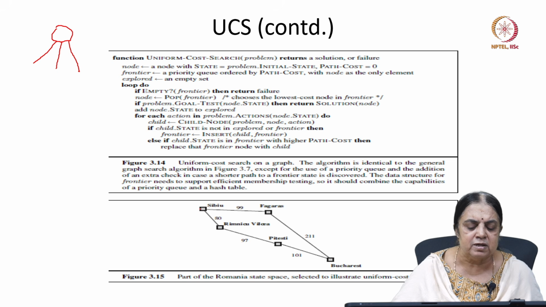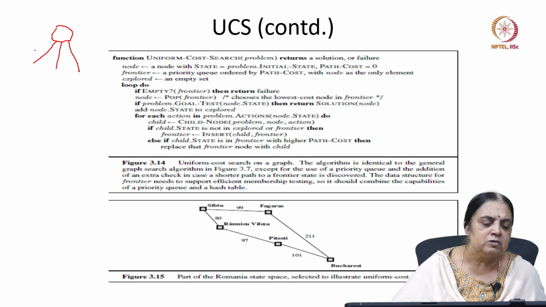We can say it's the distance between this node and this node, and the distance between this and this. So these are the two nodes, and you see that this distance is larger than this distance, so the path cost of this will be smaller than the path cost of that. Suppose I have a path cost of 10 on this, 5 on this and 4 on this. It will take the one with the lowest path cost, maybe this one, and it will expand this.